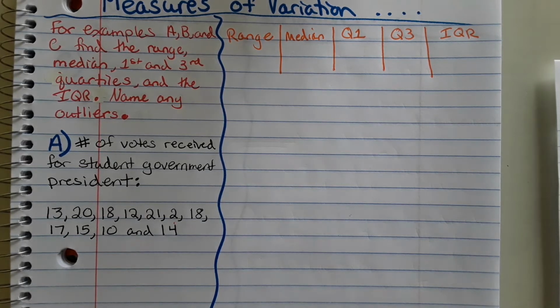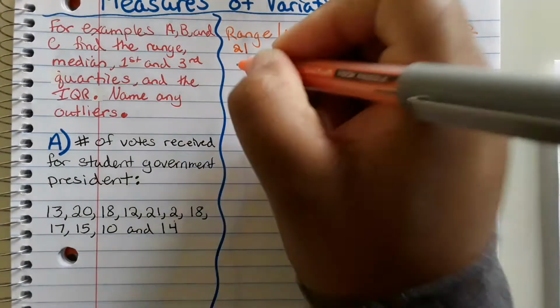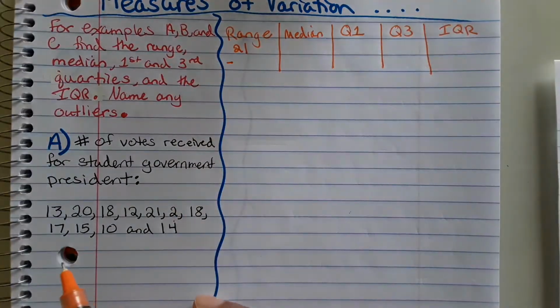We are going to organize this information. To start, we know range is simply a subtraction problem. We take our largest number. Looking through our set, what would be the largest number? I see 21, and we're going to subtract from it our smallest number. Smallest number would be 2.